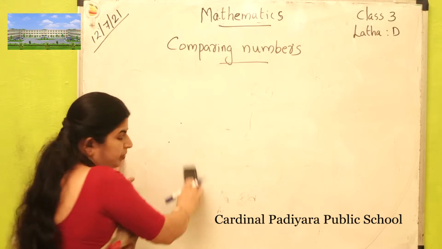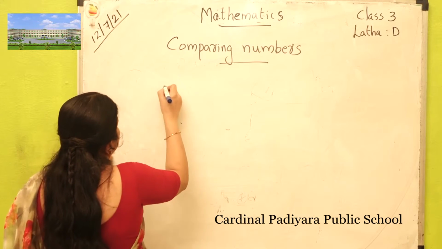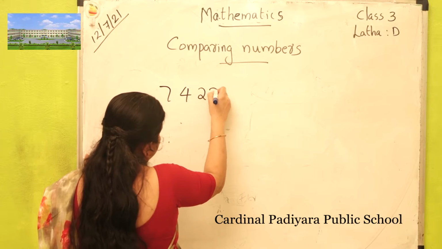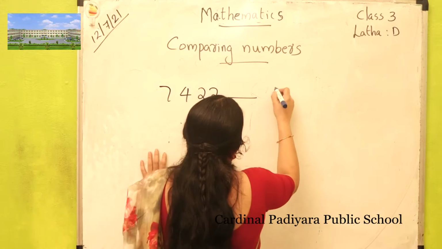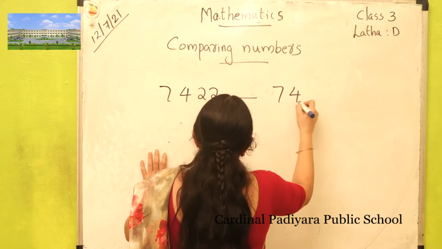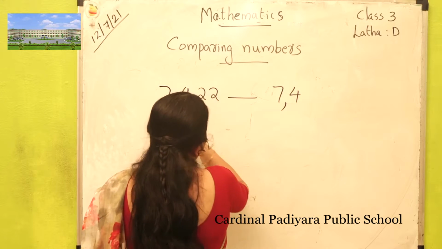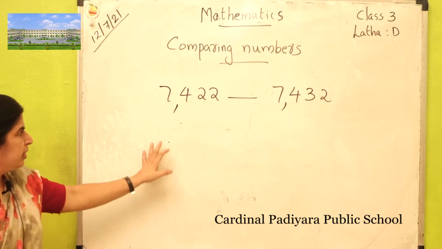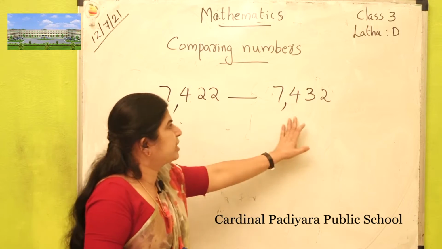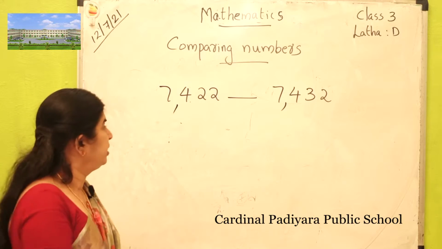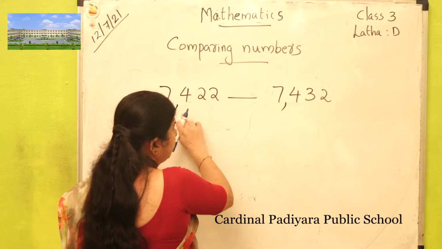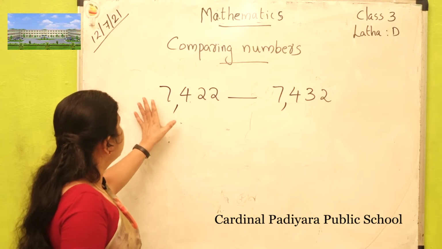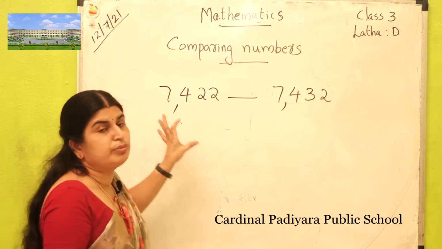Next question. 7422 and 7432. Look here. These numbers have equal digits. This is a 4 digit number, this also a 4 digit number. Therefore, first we compare the leftmost digit.